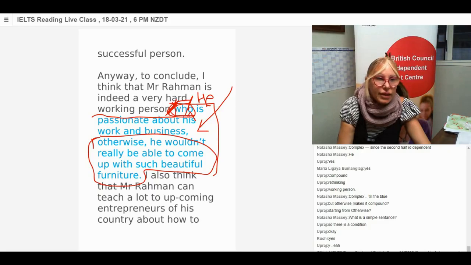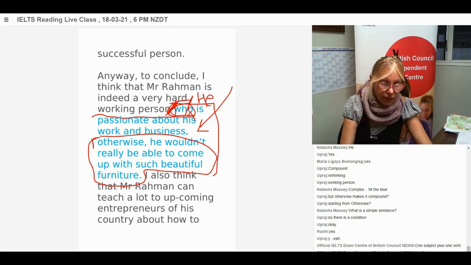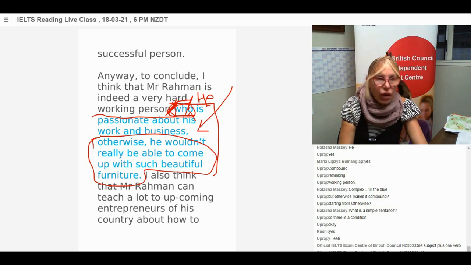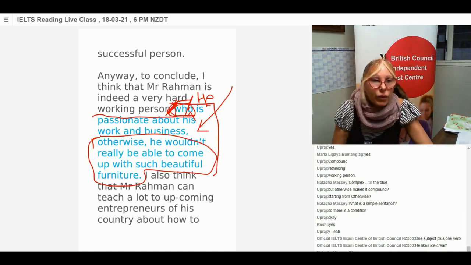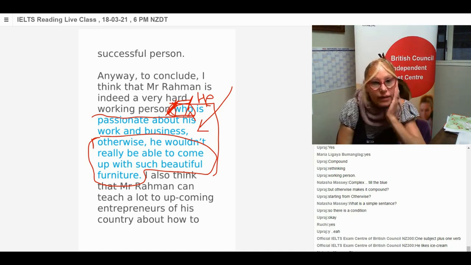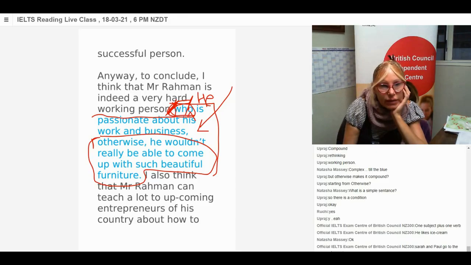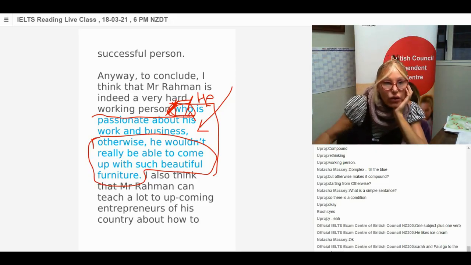One subject, "he", one verb, "likes", and then the object, "ice cream". But we could also have "Sarah and Paul go to the gym and exercise." That has two subjects, Sarah and Paul, and two verbs, "go" and "exercise".